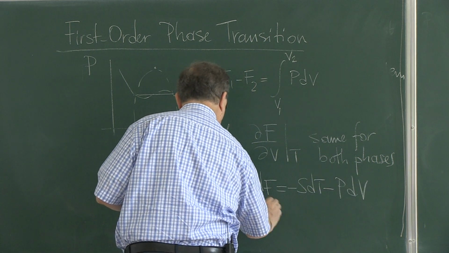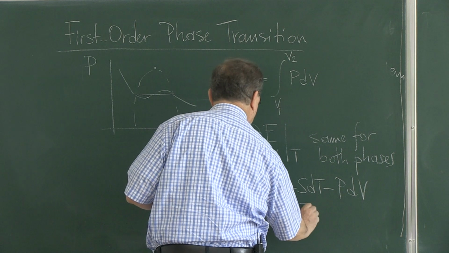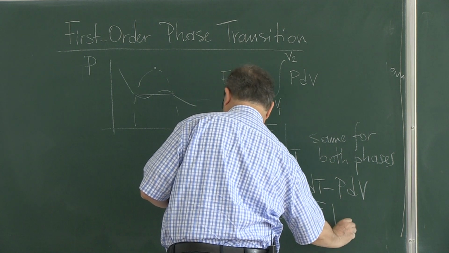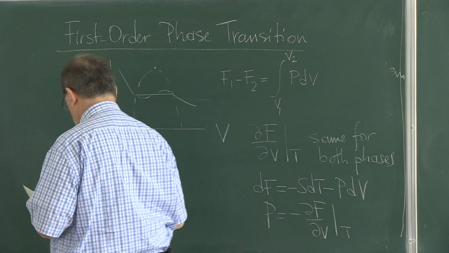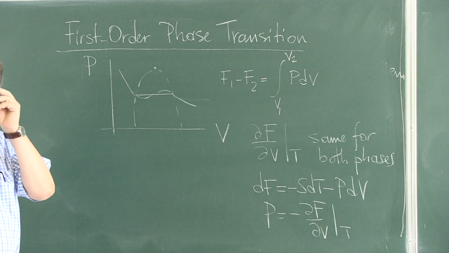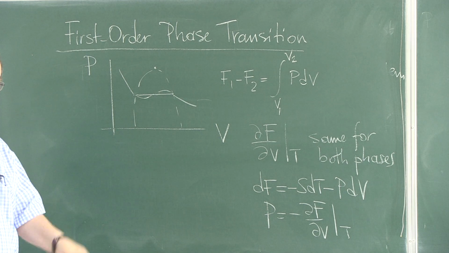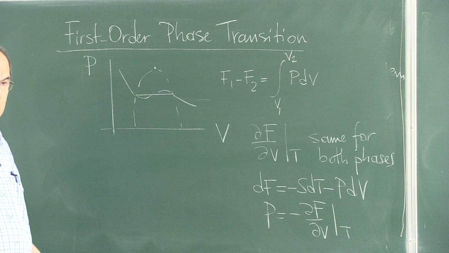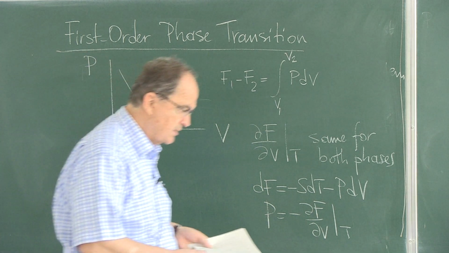So the pressure is minus ∂F/∂V. So coexistence of two phases then is the fact that they have the same pressure, as we expect.